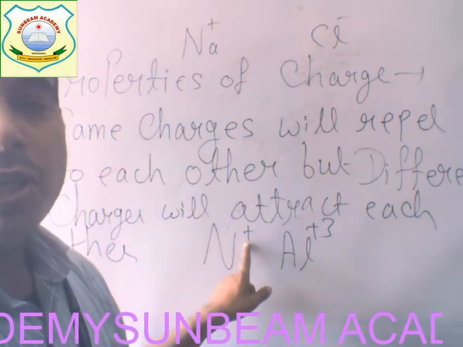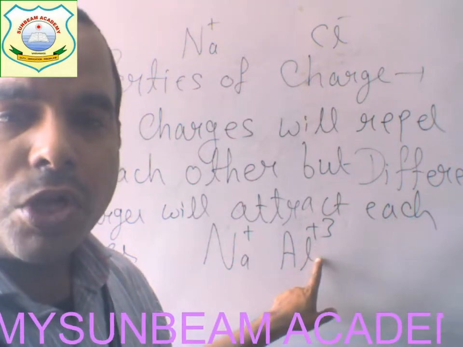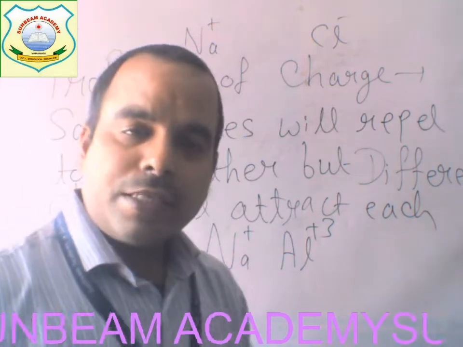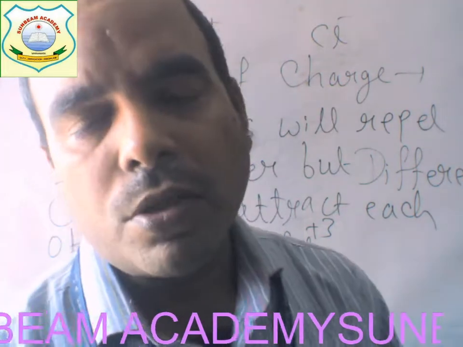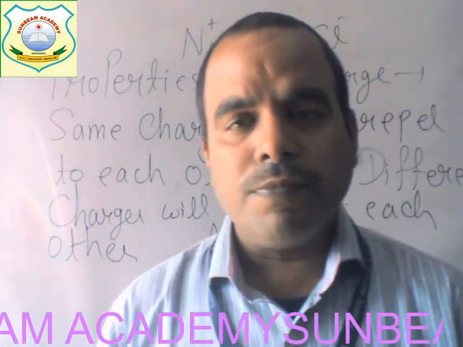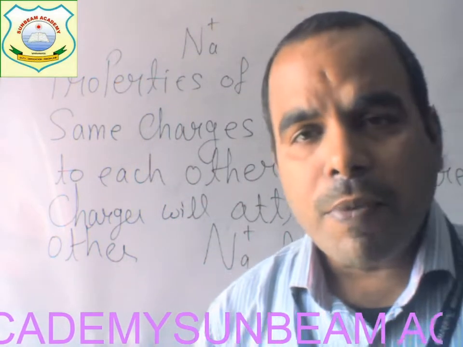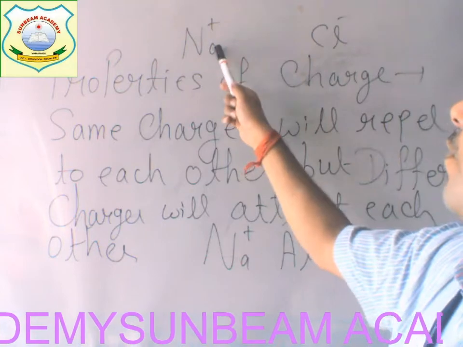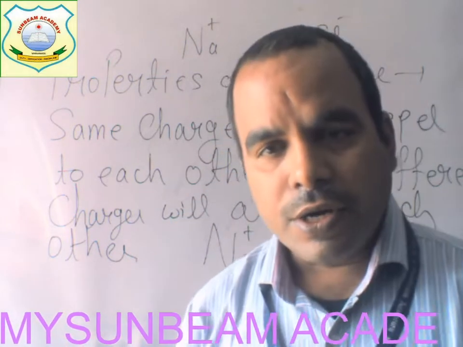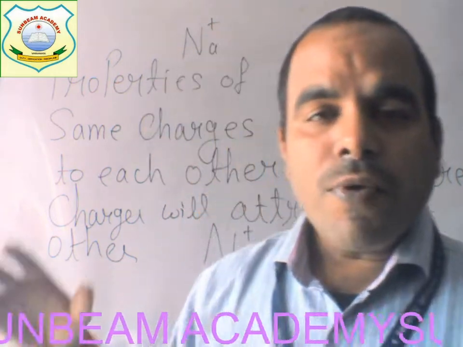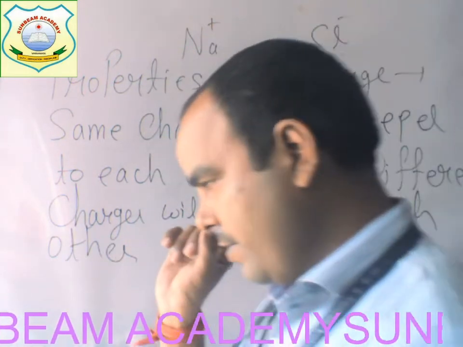So it is positive, it is also positive, so they will repel each other. The basic meaning is that according to the properties of the charge, same charges repel each other and different charges attract each other. Clear? Now we are going to the next point.